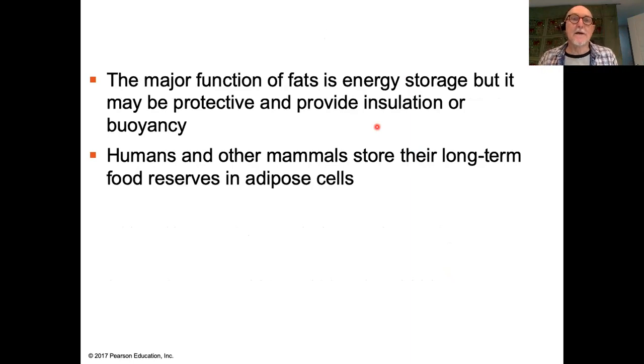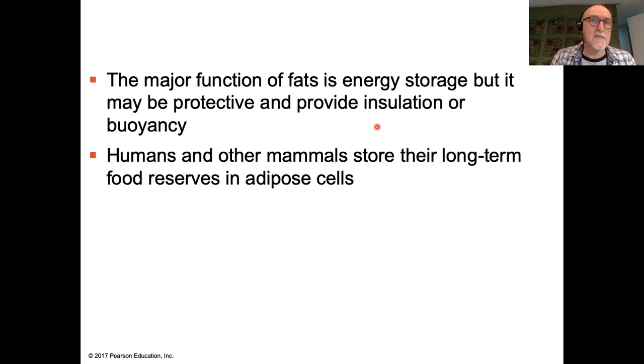Fat also has some other properties. It can be used as protection. For instance, some of our organs in the abdomen have fat associated with them, which is there as a protective coating. The kidneys, for example, have a great big fat cap over the top of them.